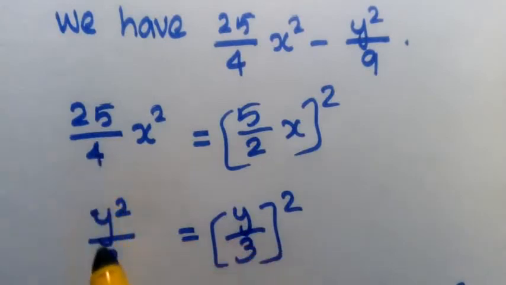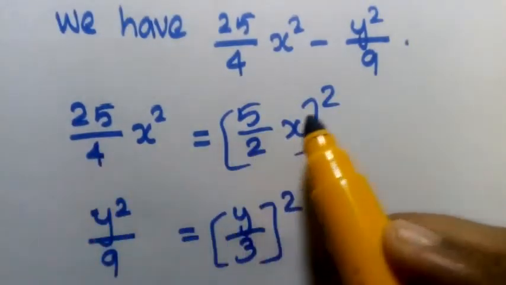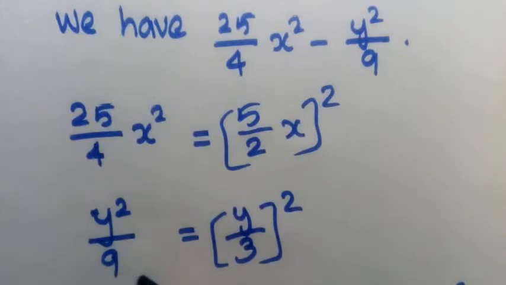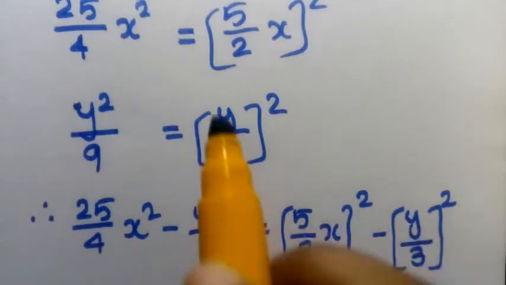25, 4 and 9 are complete square numbers. So that only we take instead of 25, 5 square, instead of 4, 2 square and instead of 9, 3 square. Therefore, 25 by 4 x square minus y square by 9 is equal to 5 by 2 x whole square minus y by 3 whole square.